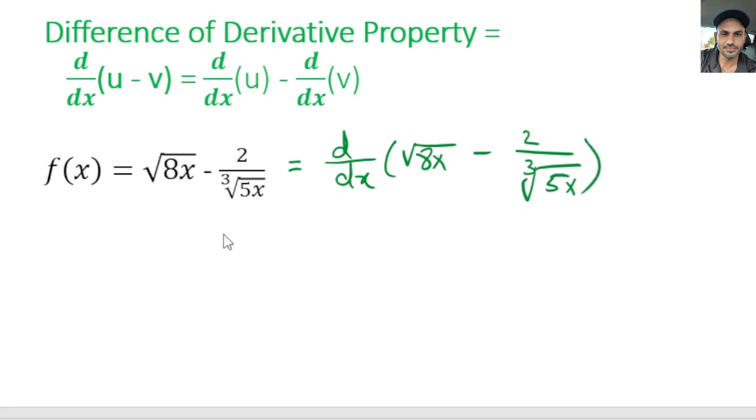Okay, so the derivative of these two terms is going to be the derivative of each independent term and then the minus sign in between them. We are taking the difference of these two terms.